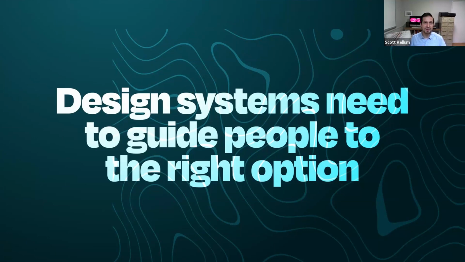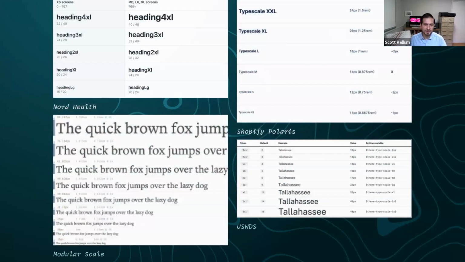And I'd also like to think about design systems that they need to guide people to the right option. They can't just provide tons and tons of options to people. So how do we create that guidance? And with this in mind, I'd like to think about typography.